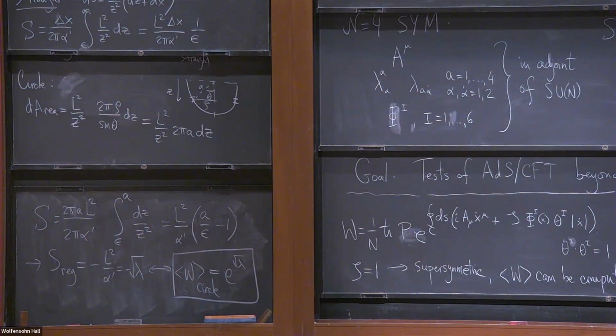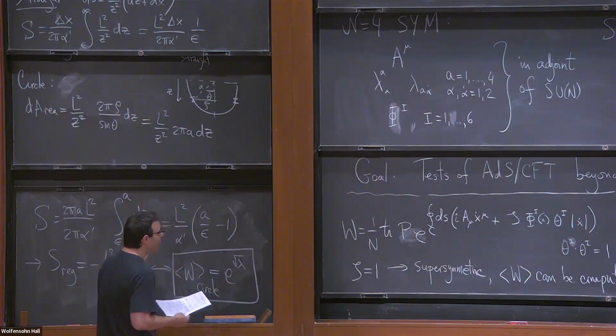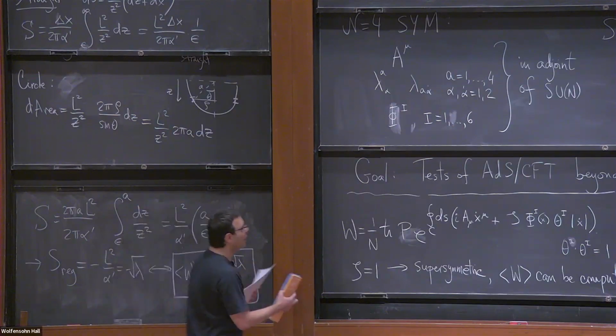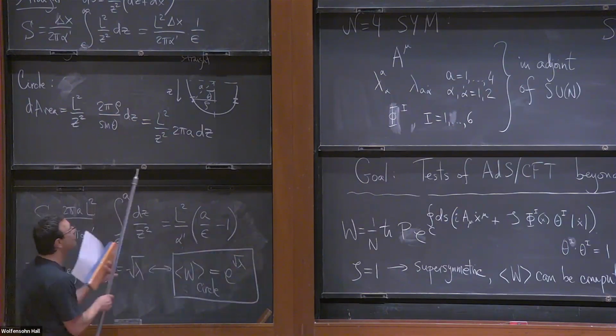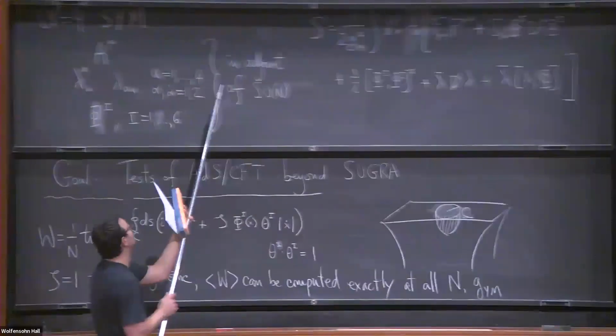The answer is they're different because they're infinite. They require regularization. The regularization actually breaks the transformation. So they're different. Now, in the field theory, we have to interpret this somehow. Why is a circle not the same as a line, even though they're related by a conformal transformation?